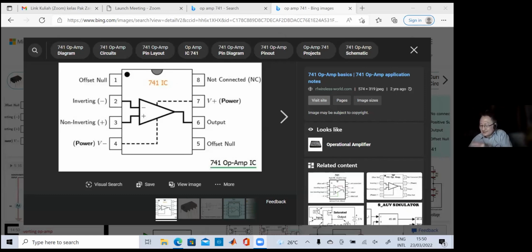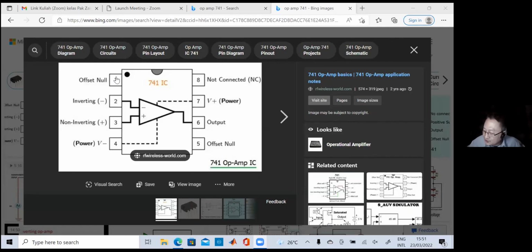Okay, there are various operational amplifiers, but this one is very popular. This one is an IC. It has 8 pins, in a dual inline package.